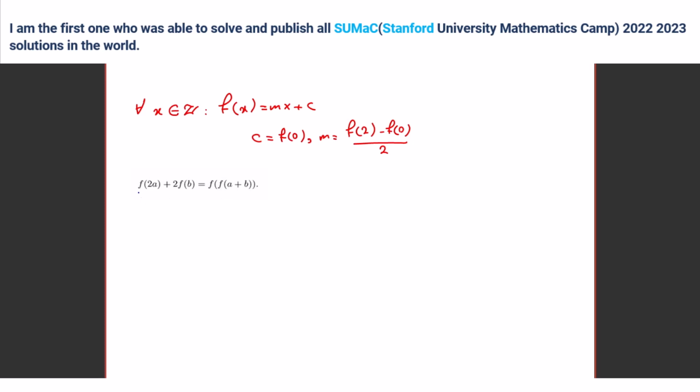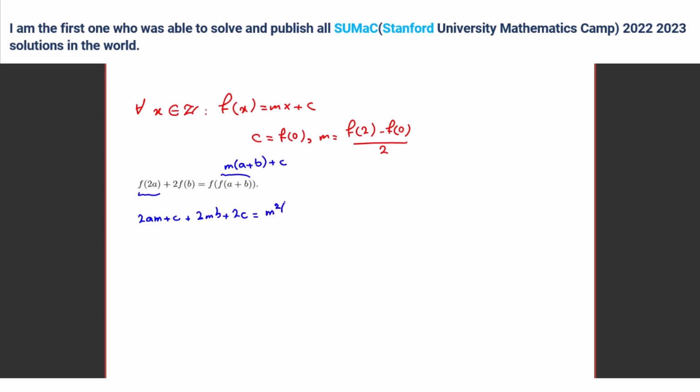So let's check. F of 2a is what? F of 2a is 2am plus c. F of 2b is what? 2mb plus 2c. What about the right hand side? F of a plus b is what? It's m times a plus b, plus c.